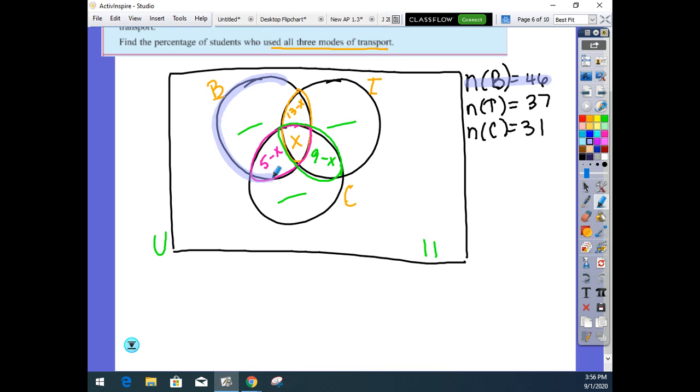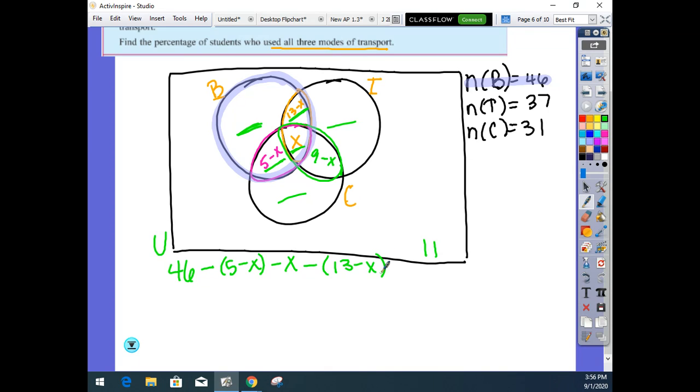So in this whole great big circle is 46. I'm missing this spot. So I'm going to take 46, subtract off each piece that's in the B circle. Minus, I'll just start at the bottom, the quantity 5 minus x, minus x. So anytime I have multiple pieces, I got to put it in parentheses.